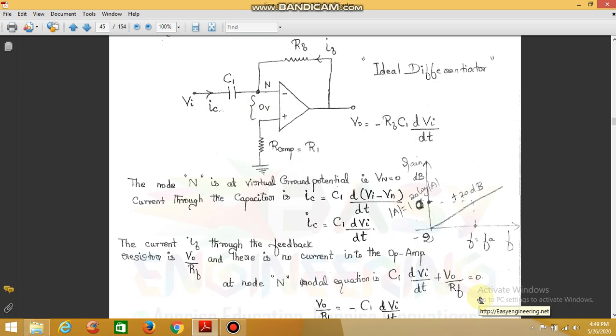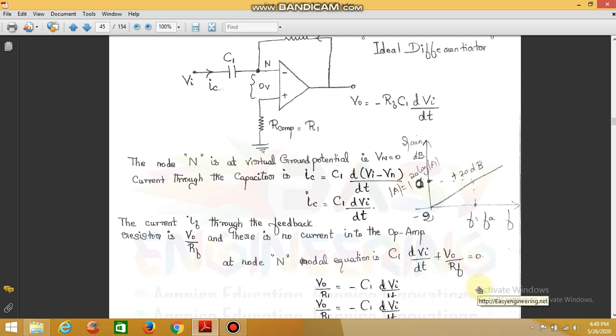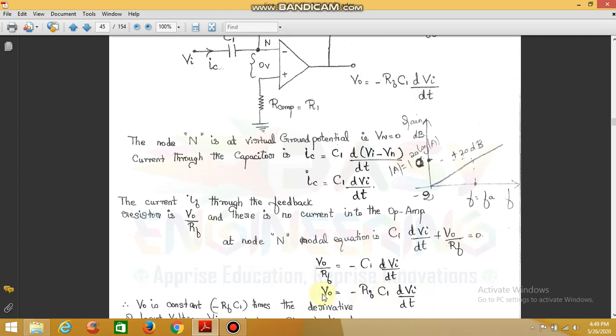Therefore V0 by RF is equal to minus C1 dVi by dt, and V0 is equal to minus RF C1 dVi by dt.